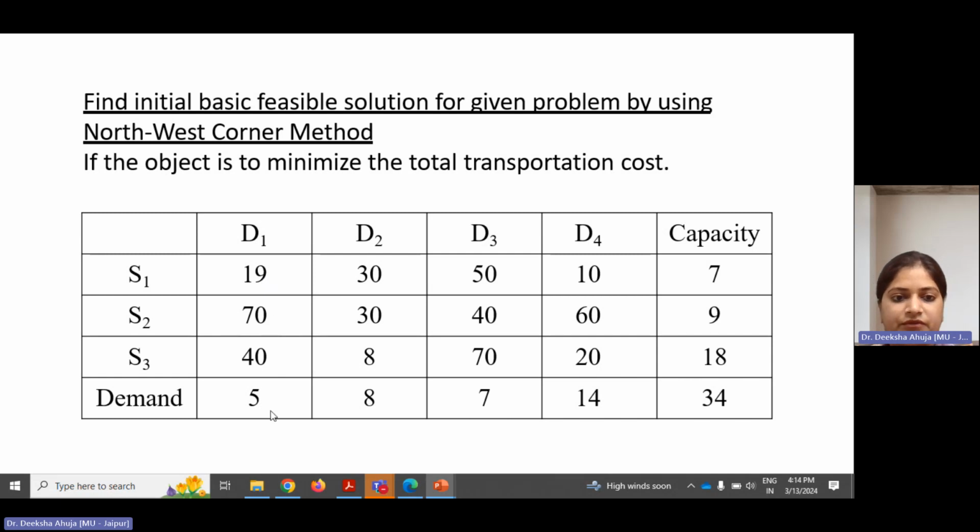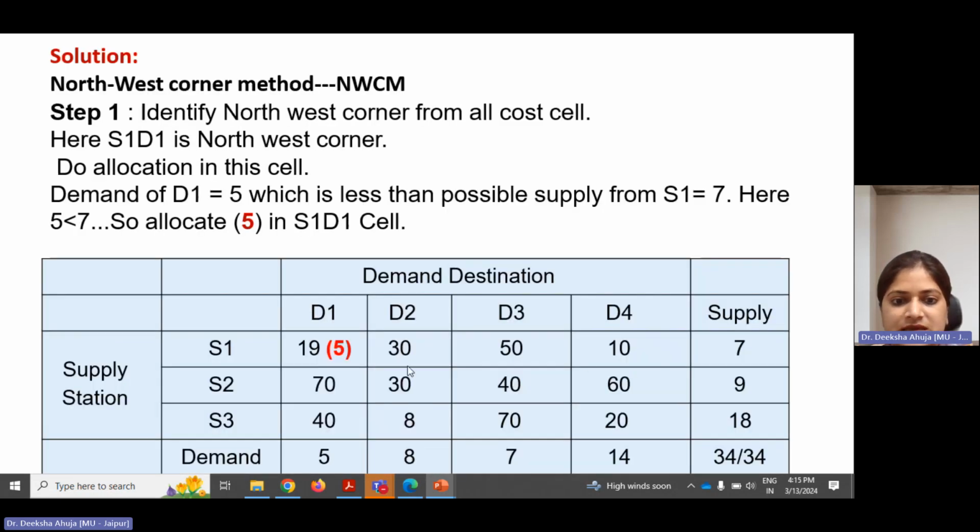When we allot 5 here, the 5 is also deducted from this capacity, and only 2 will be left out. So I have allocated 5 here, and 2 will be left out.